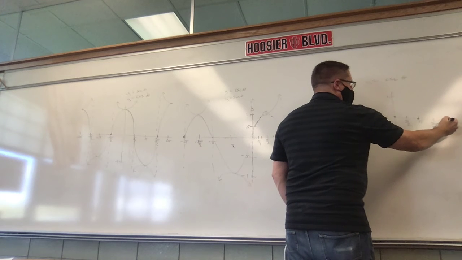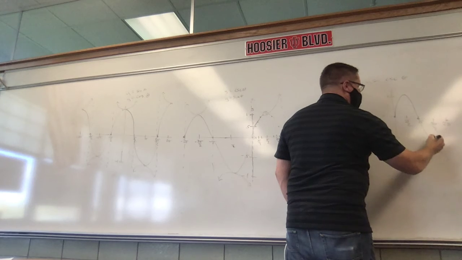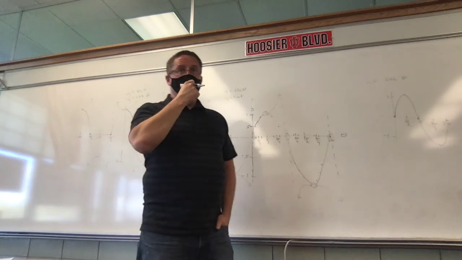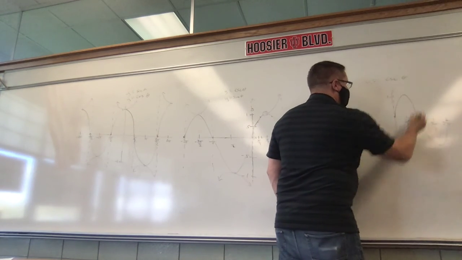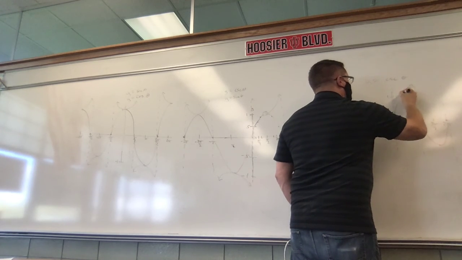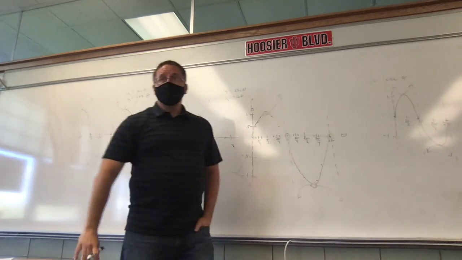At pi it's halfway there, at 2 pi it's there, pi over 2 is here, 3 pi over 2 is here. Go like this. There's our sine graph. Then, how do I make my cosecant graph? I put my asymptotes at 0, pi, and 2 pi. It goes away, goes away. That's all I want you to do.